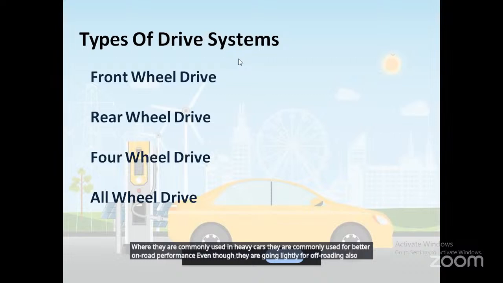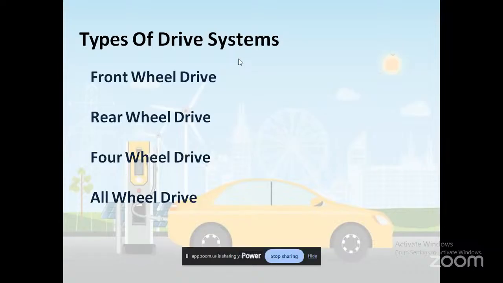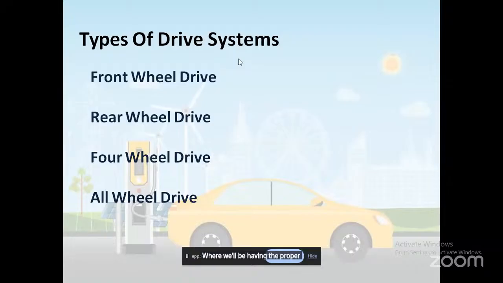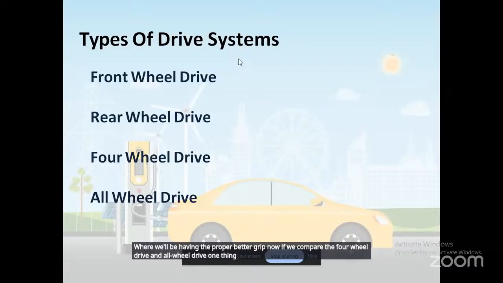Now, regarding power distribution in all-wheel drive, power is usually distributed based on traction, with more power going to the wheels that have better grip. If we compare four-wheel drive and all-wheel drive, both can deliver power to the four wheels.